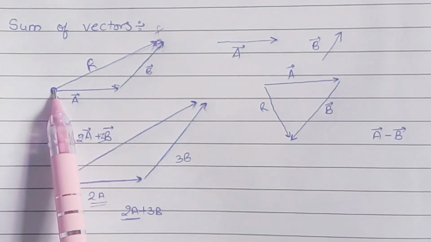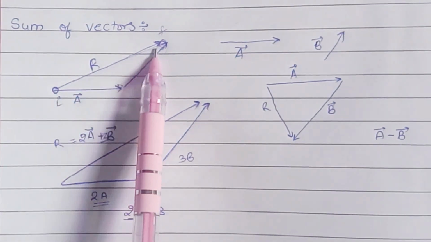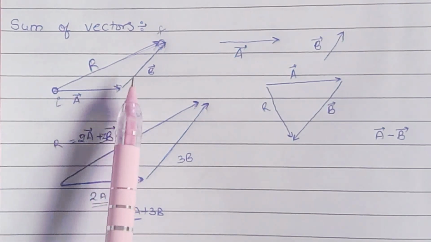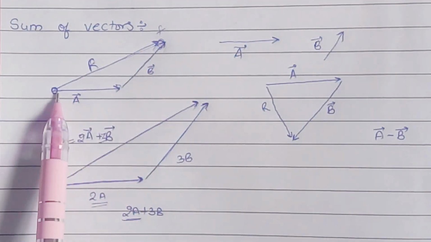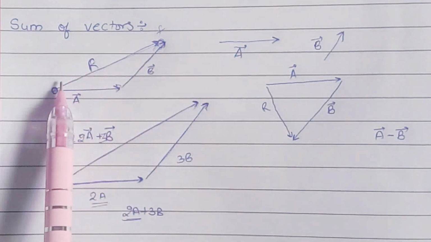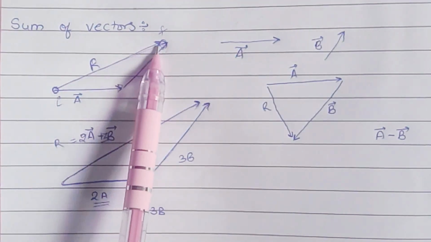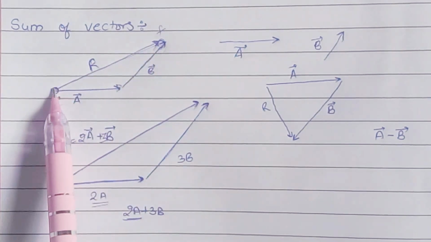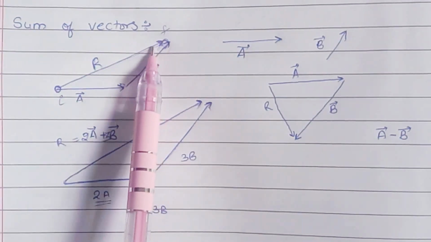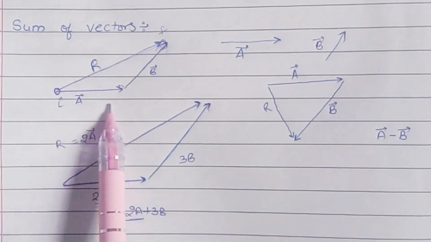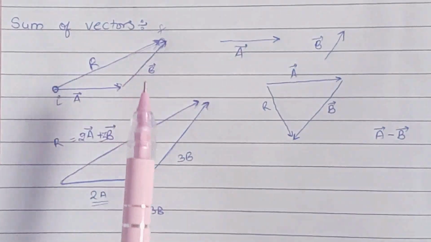A vector pointing from initial point to final point is the resultant vector for a vector plus b vector. So resultant of a vector plus b vector will be from initial point of a vector to the final point of b vector, pointing toward final position. So this is known as sum of vectors.